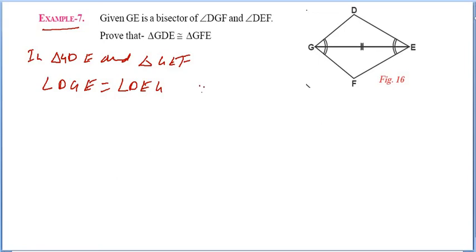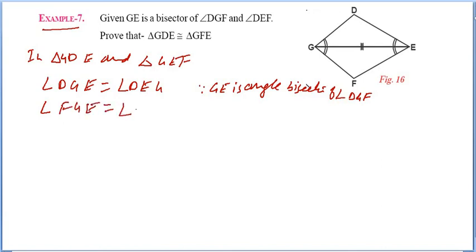Why? Because GE is angle bisector of angle DGF. Now here you can say angle of FGE is also equal to FEG. It is also, the reason is same. Now one more is GE is common. So GE is common.